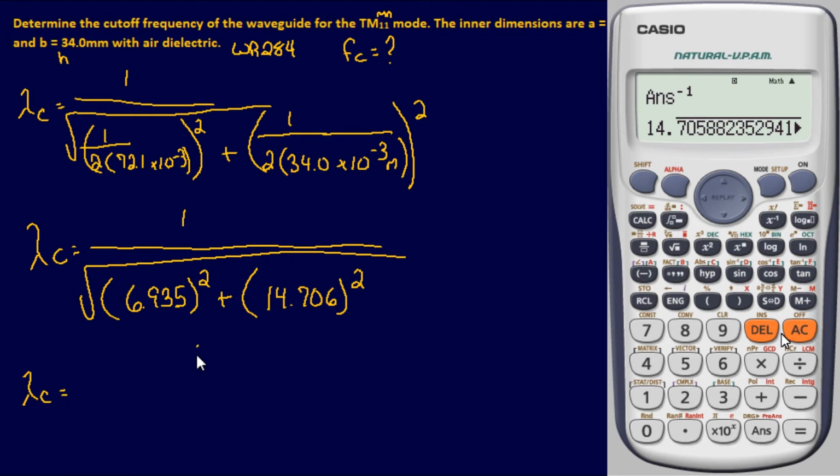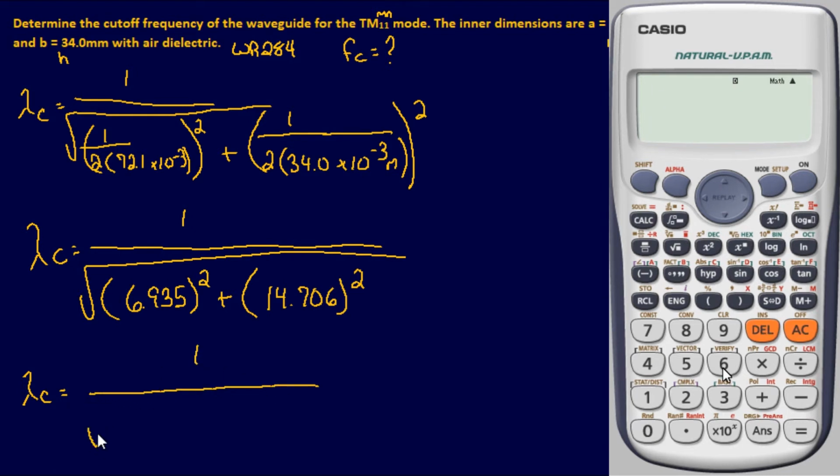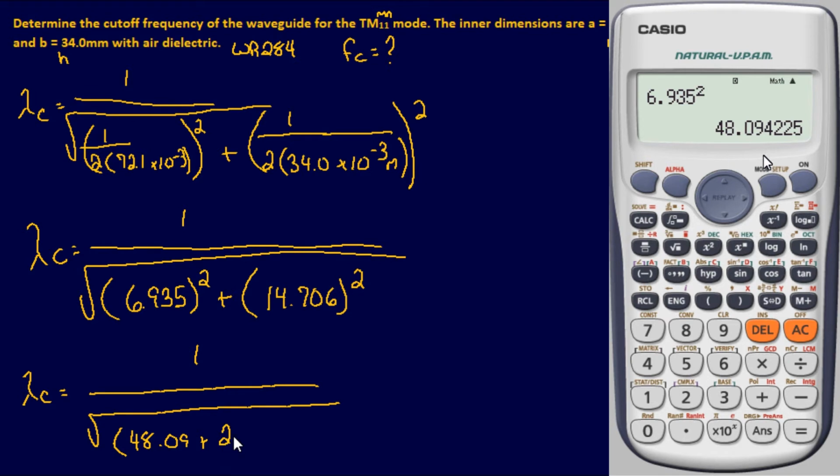wavelength cutoff, 1 over, square root again. This one's going to be 48.09 plus 216.27. And that's pretty easy plug and chug. I'll tell you what, let's see if I can bring it over here real quick.